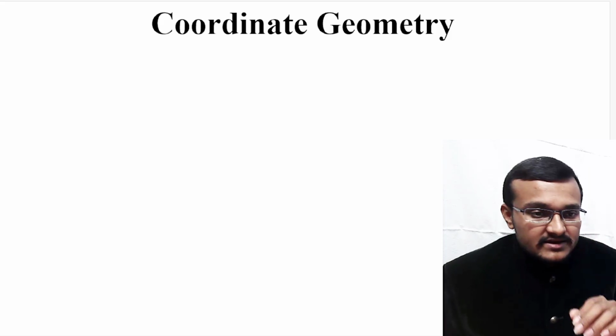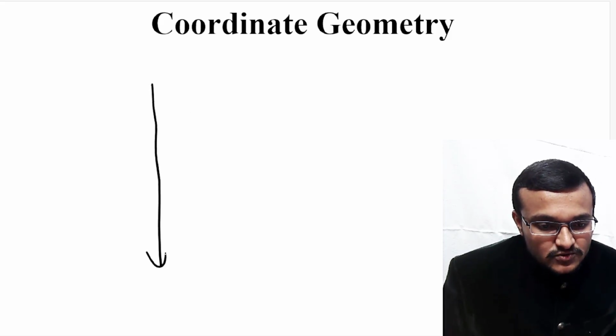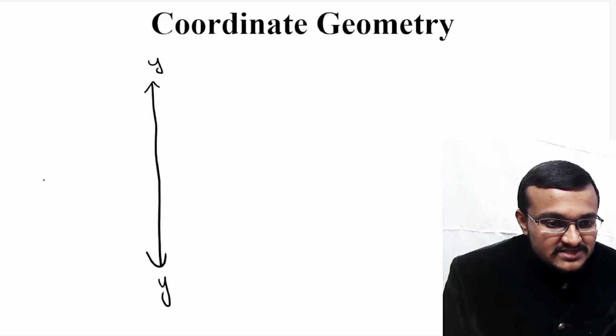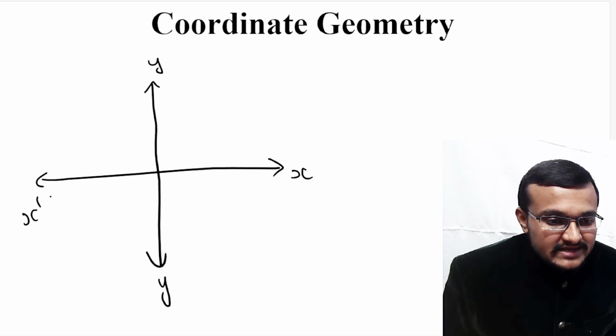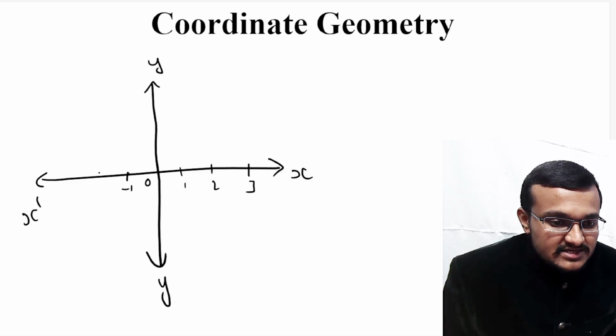Now, whenever you have a particular axis like this, we have one y axis which is running from y to y dash, and we have one x axis which is running from x to x dash. Here we have 0, here we have 1, 2, 3, and here we have -1, -2, -3.